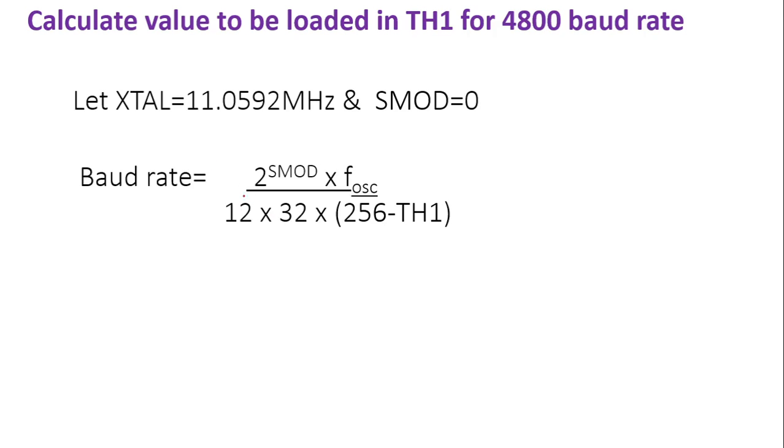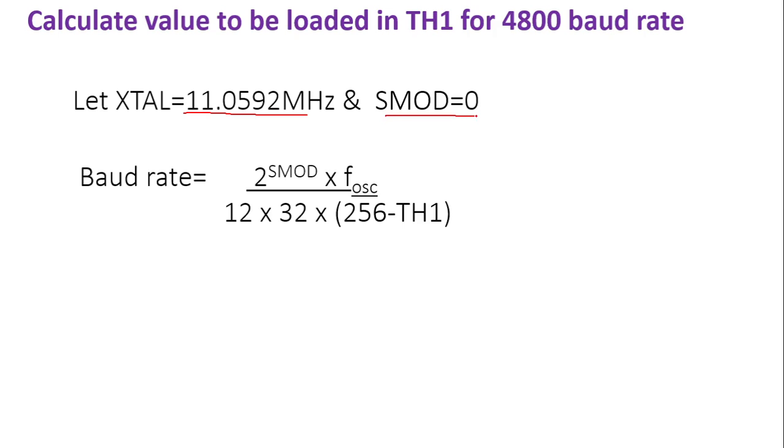Baud rate is equal to 2 raised to SMOD into oscillator frequency divided by 12 into 32 into 256 minus TH1. For the 8051, I have taken the crystal frequency as 11.0592 MHz, and SMOD is a bit of the PCON register. If that bit is 0, serial communication is performed at normal rate. If that bit is made 1, serial communication is performed at double baud rate. I don't want to go for double baud rate. That's why SMOD is kept as 0.